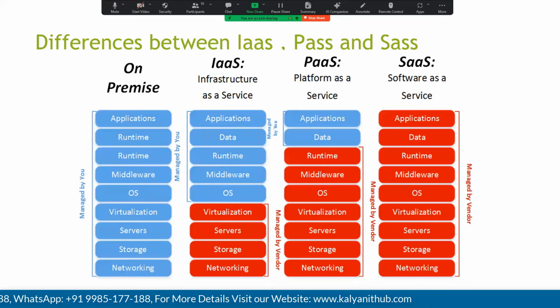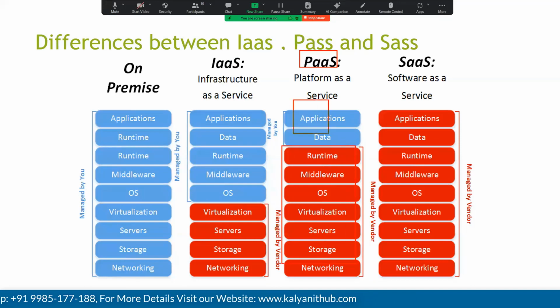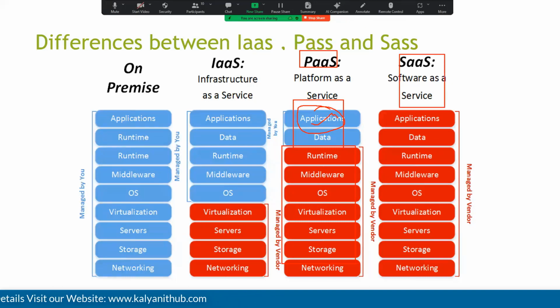When you go for PaaS, nothing is in your hand, everything would be taken care of by the vendor. You have to take care of only the application deployment. Next, software as a service.